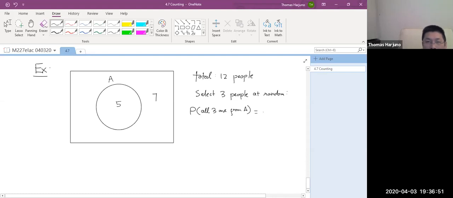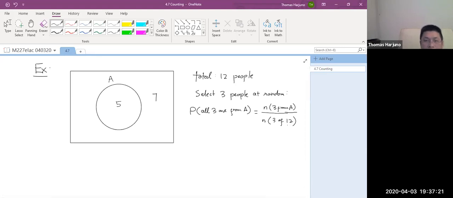The way we do it will be as follows. We will select 3 people at random. What is the probability that all 3 of them are from A? We will compute the number of ways you can get 3 from A, divided by the number of ways you can get 3 of 12 from the whole set. How many ways can we select 3 people from A?